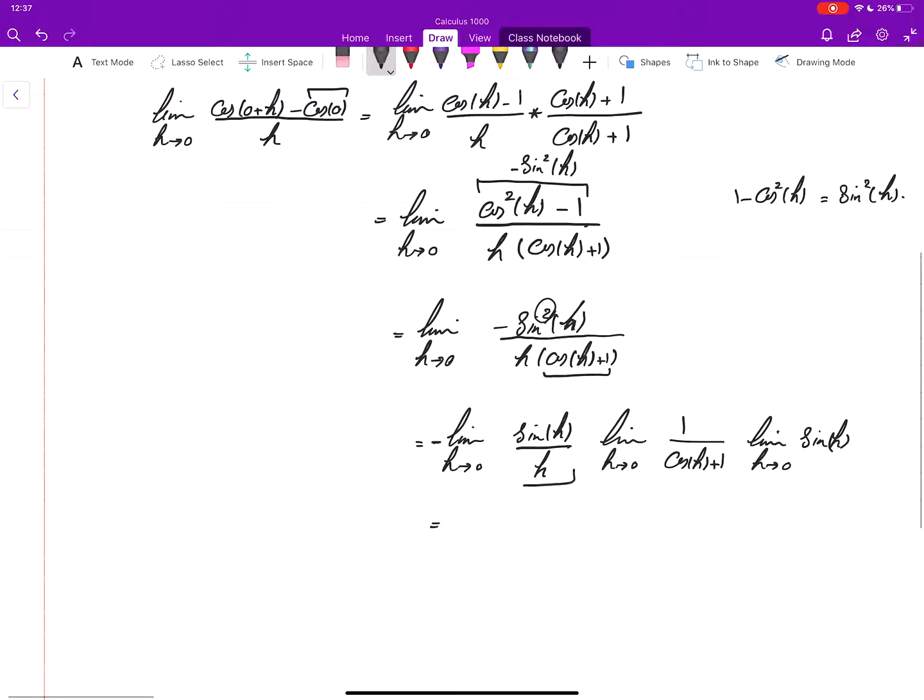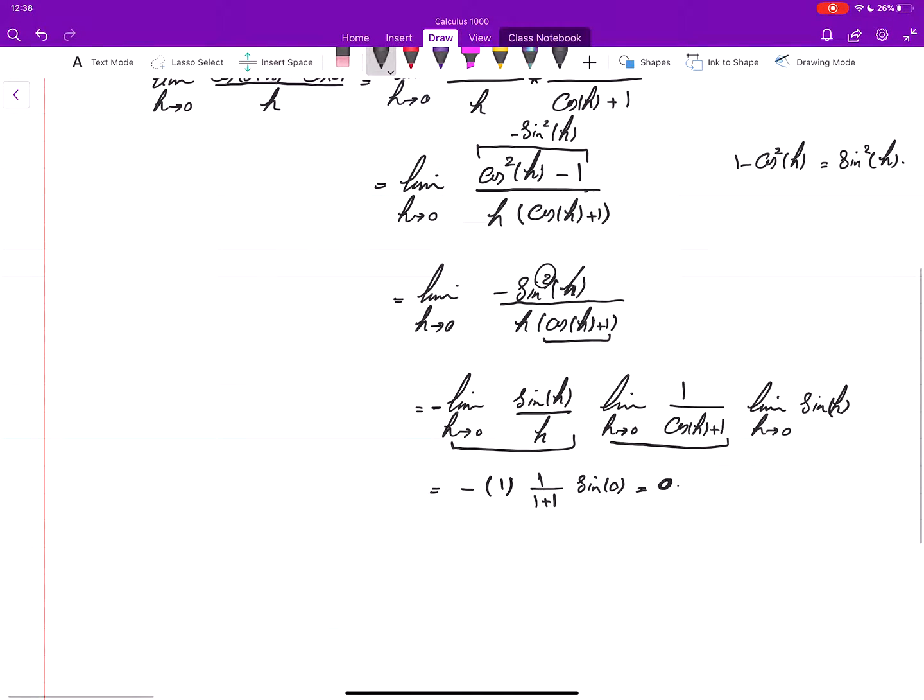This limit here, we know that it is 1, so negative of 1. This one, cosine is continuous, and you get 1 over 1 plus 1. And sine of h as h goes to 0, sine is a continuous function, so you get sine of 0, which is 0, so everything will be 0. What we showed was that if f of x is cosine x, then the function is differentiable at 0, and the derivative is 0 for cosine.